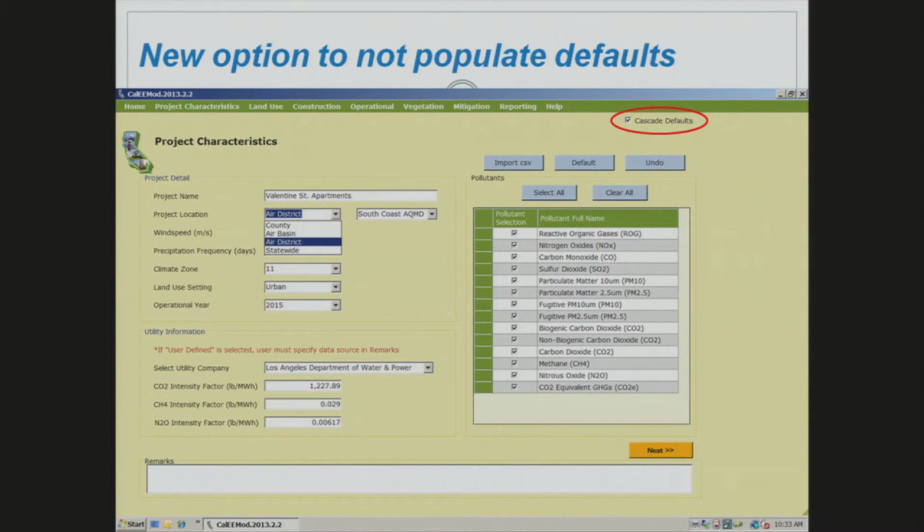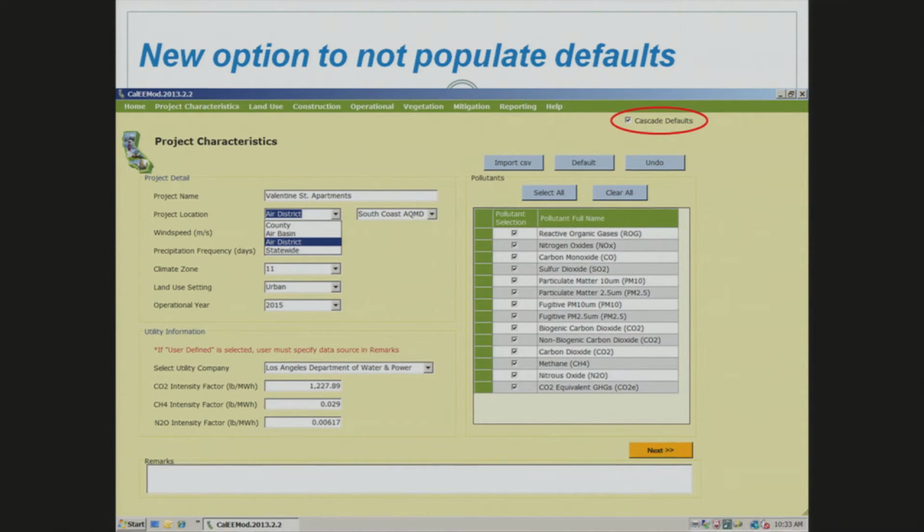Sometimes a consultant, we're told, is working on a project which has variable input information. For example, do we want our apartment building to have 50 units? Do we want to have 100 units? Do we want to have 200 units? Whatever. We definitely want to stick to a certain, let's say, construction schedule or certain default types of information that they've already put into the model that they don't want to have repopulated again.